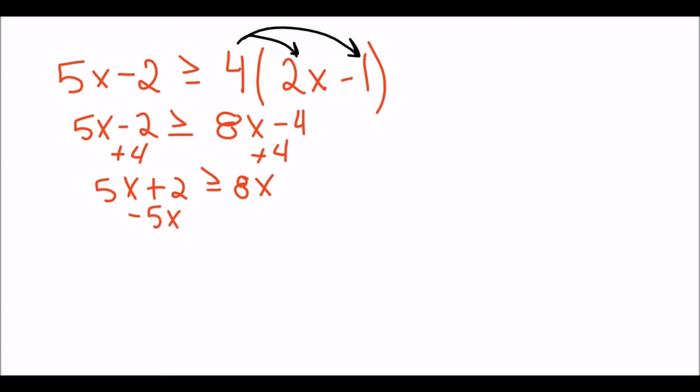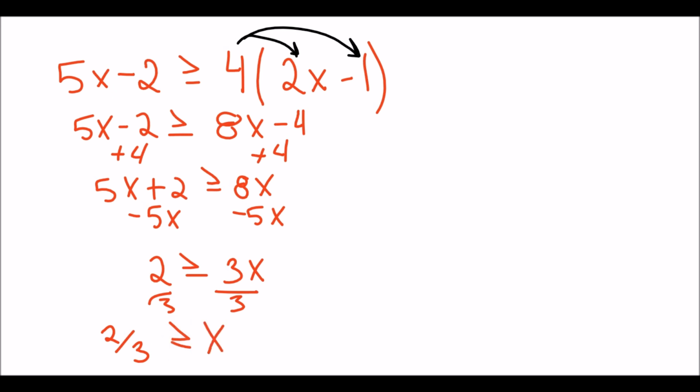And now this is subtraction, it's not multiplication or division, so the sign does stay the same. And that's going to give us 3x. And now, just to finish off the problem, divide both sides by 3, and we're going to get 2/3. And since we're not dividing by a negative number, we're dividing by a positive number, the sign just stays the same because it doesn't matter. So there we go. 2/3 is greater than or equal to x.